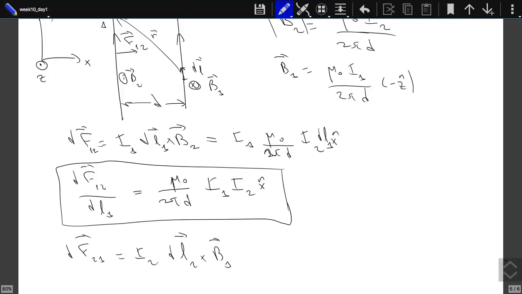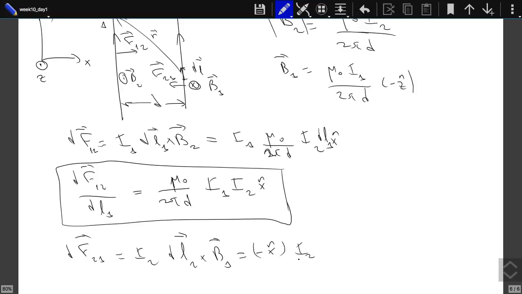What is the direction of dl? dl is upward. What is dl cross B? So this is my dl, this is B, dl cross B. It's in this direction, towards the other wire. So this is F21, in the -x direction.